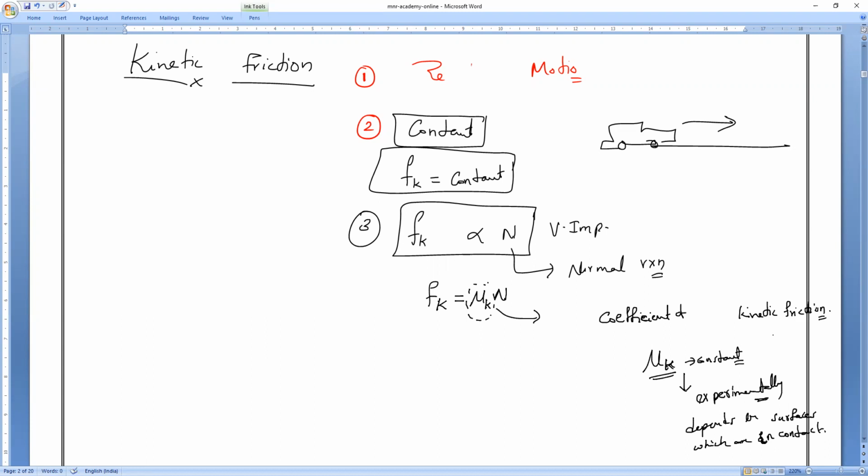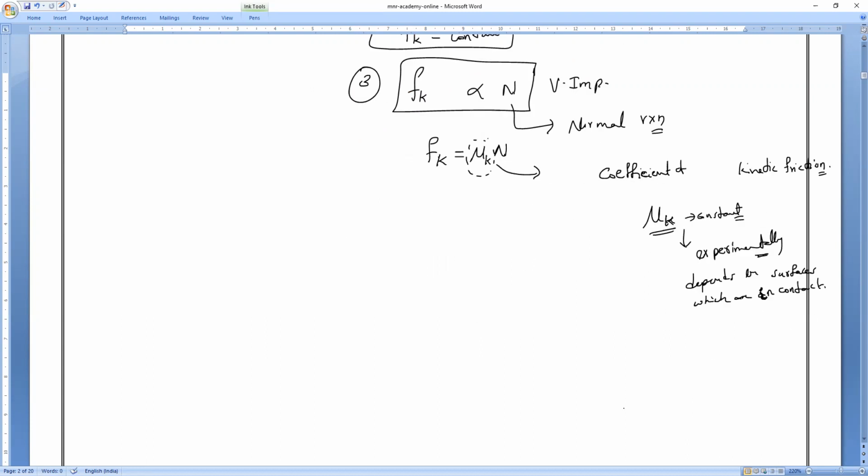But for our entire 11th class, we will consider that mu k will not change. We will assume that it always remains constant. In your entire 11th and 12th syllabus, we will consider mu k always constant. So that is the third one.